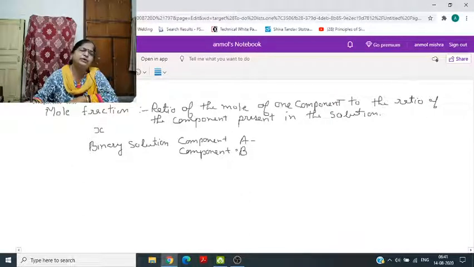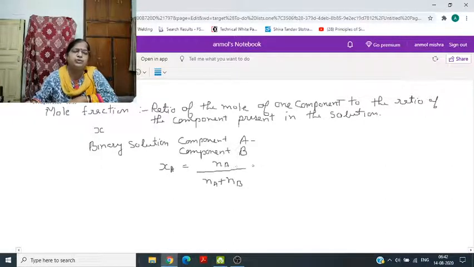So the mole fraction of A, that is XA, is equal to Na upon Na plus Nb.